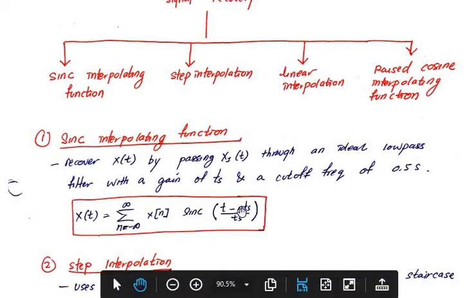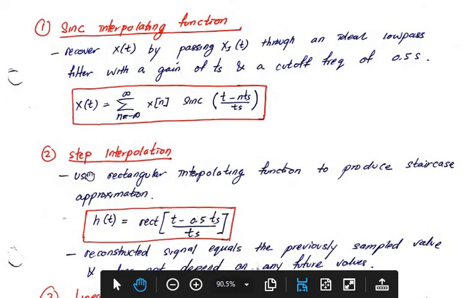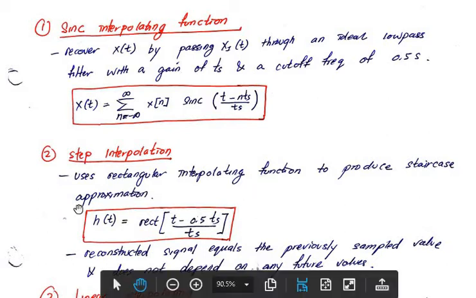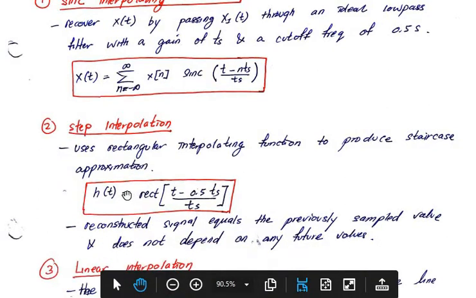This is the formula that you will use with the sinc interpolating function. Next is the step interpolation. Step interpolation uses the rectangular interpolating function to produce the staircase approximation. So this is the h(t) for you to find the step interpolation.